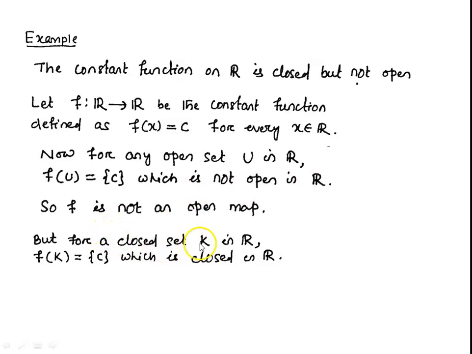But for a closed set K in R, f of K is again the singleton set {c}, because it is a constant mapping. Image of every point is c. So image of this closed set is also the singleton set {c}. But the singleton set {c} is closed in R, because R is having standard topology. So this is a closed mapping, but not an open mapping.